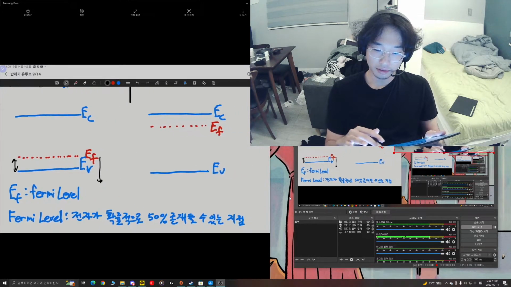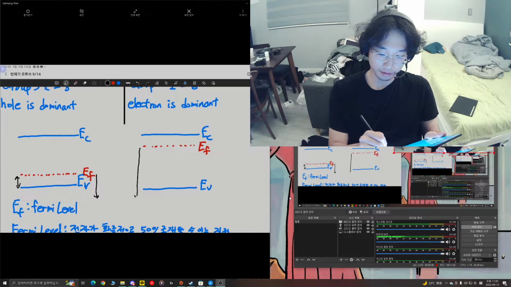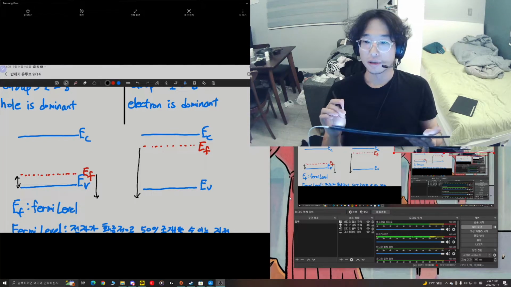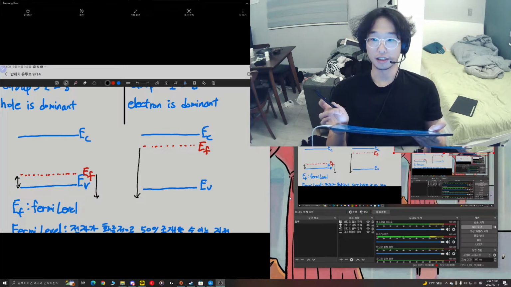But then when we see an n-type semiconductor, under the Fermi level there will be a 50% electron possibility.